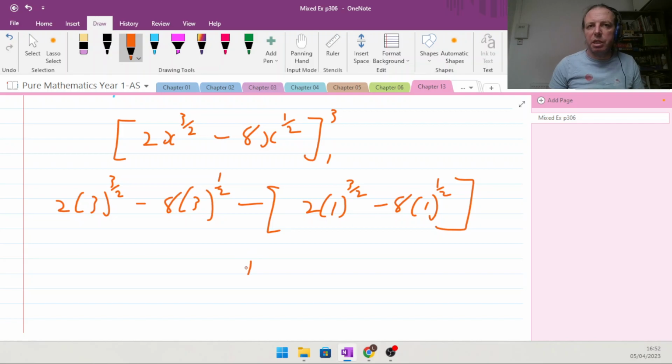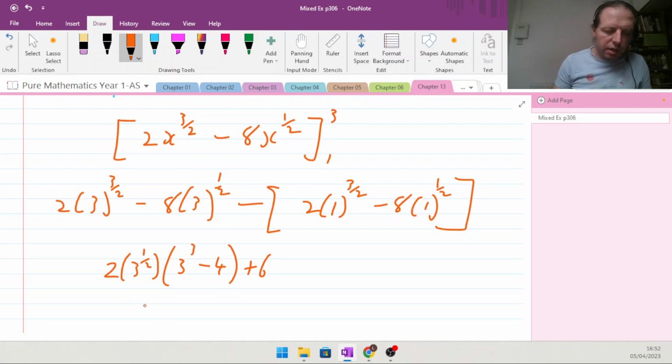So we have plus 6 here, plus 6 here, and for this one, let's decide what we're going to do with it all. We can take a 2 out. I feel like we can take a 3 to a half out here as well. So if we do a 2 and then a 3 to the power of a half coming out, we are left inside here with 3 to a third minus 4. 3 to a third is 27.